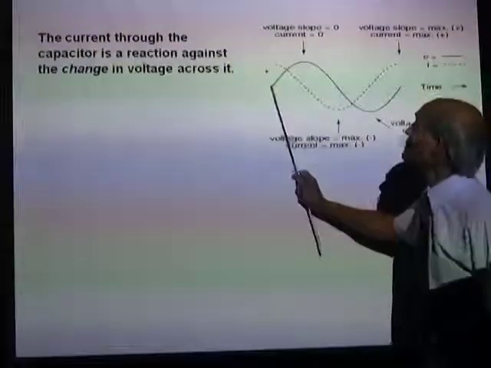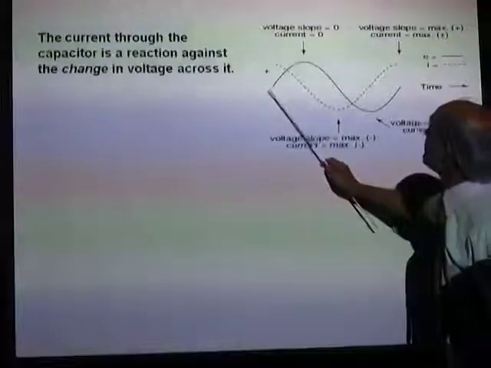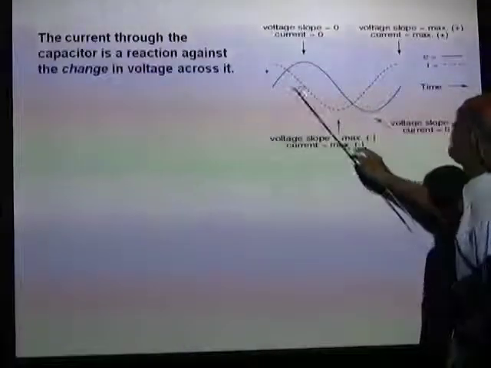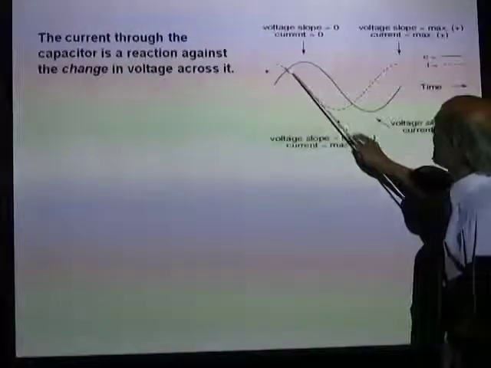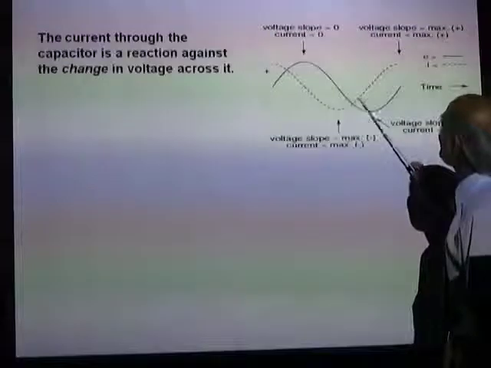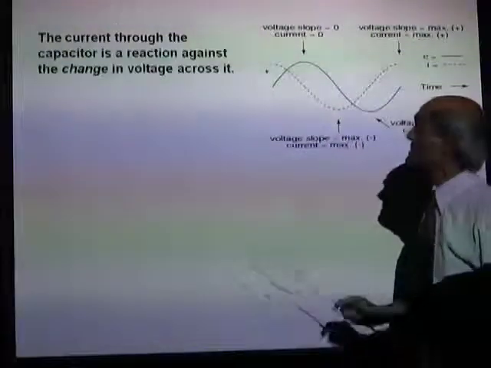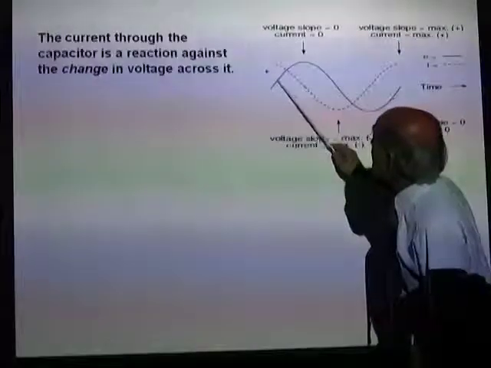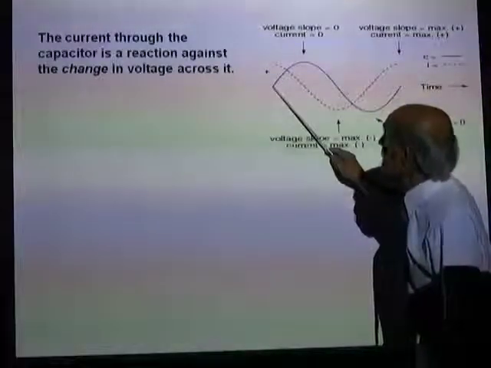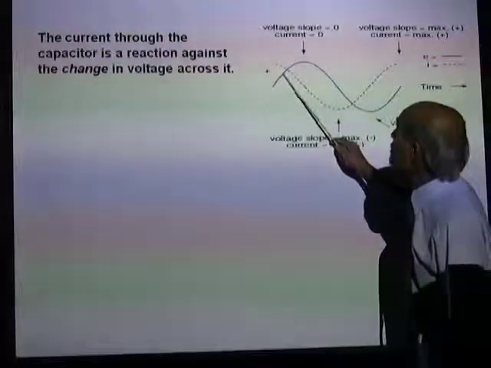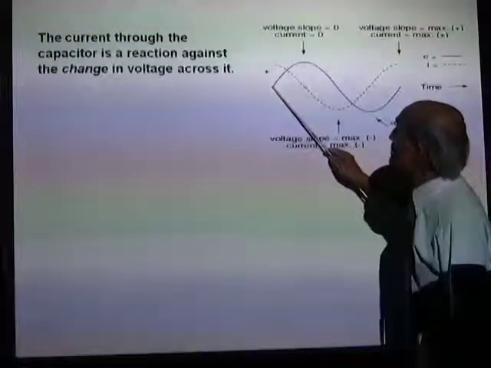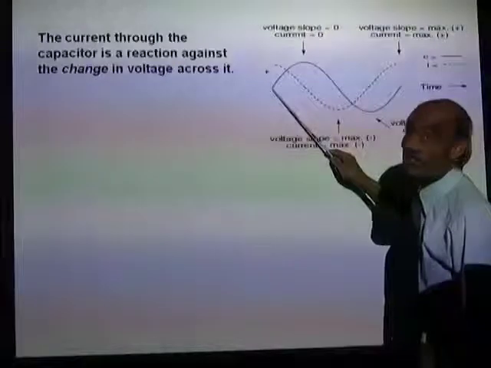I want you to watch these two drawings. Now, the blue drawing is the voltage across the capacitor, and the red, I don't think it shows as red, is in the broken lines. Now, look at the slope of the blue line. The slope is maximum here. The slope reduces and becomes 0. So the rate of change of voltage is maximum.